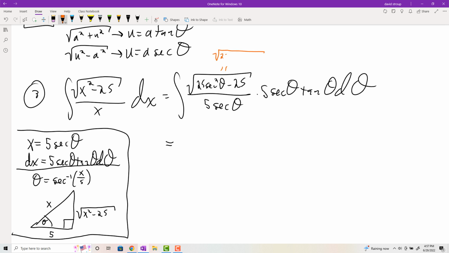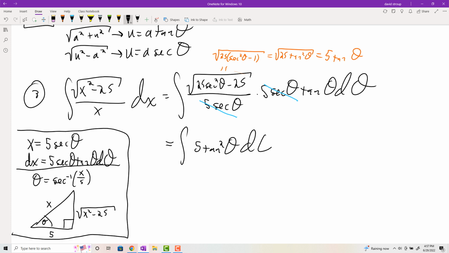First I'll factor out the 25, and I'll have secant squared theta minus 1. Then that'll equal the square root of 25 tan squared theta. And then you could write that as 5 tan theta. On top of that, you have a little bit of cancellation. These 5 secant thetas are gone. So we're getting the integral of 5 tan theta times tan theta, which is tan squared theta d theta.